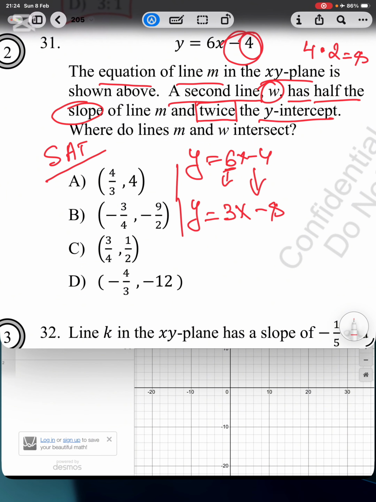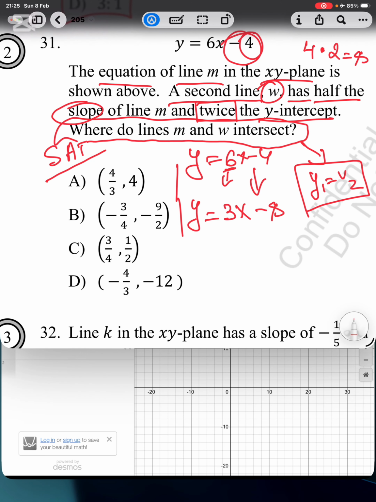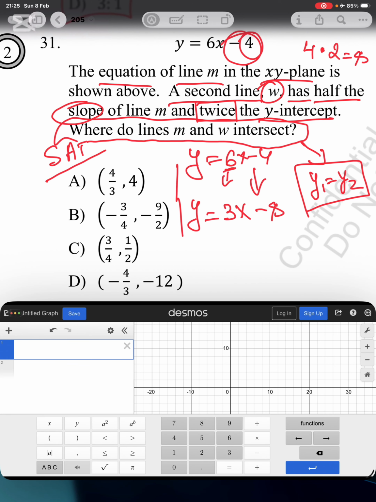We are given the next expression. The question says, where do lines M and W intersect? Intersection point means you have to set these two expressions equal. If you want to work with decimals, it is going to be super easy right now.